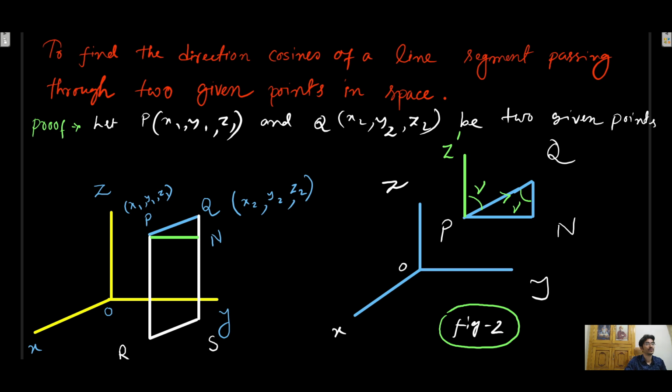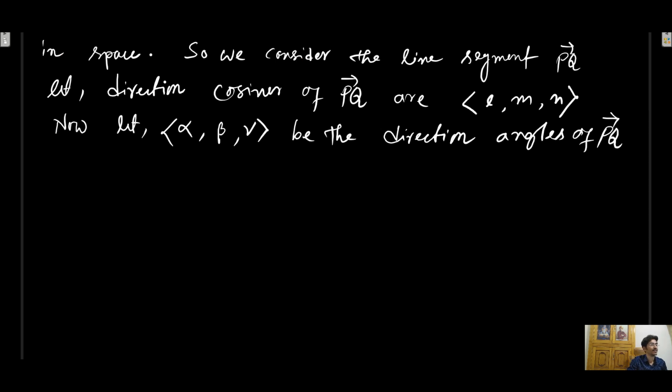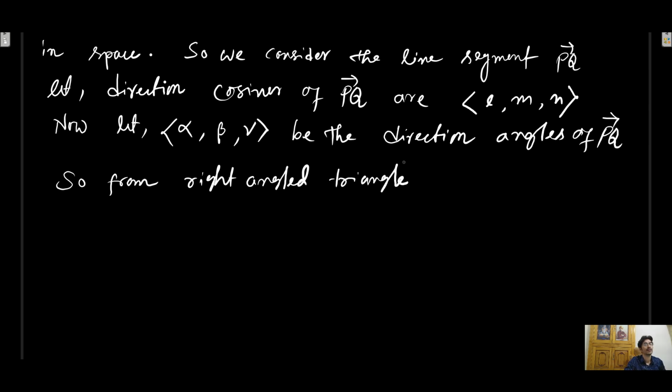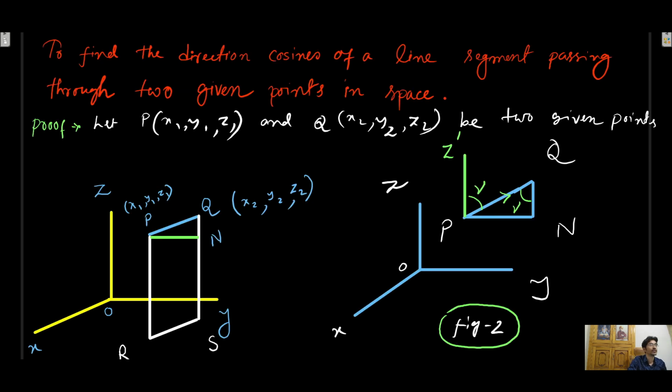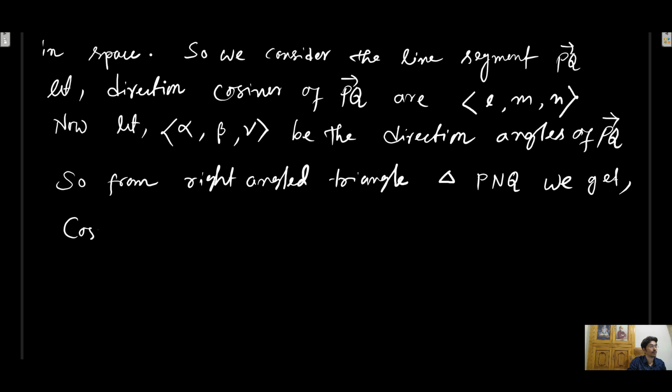Next. So from the right angle triangle whose name is PNQ, we get cos gamma equal to base by hypotenuse.